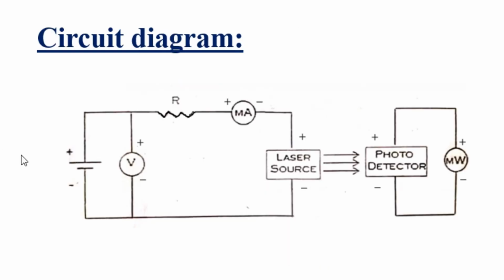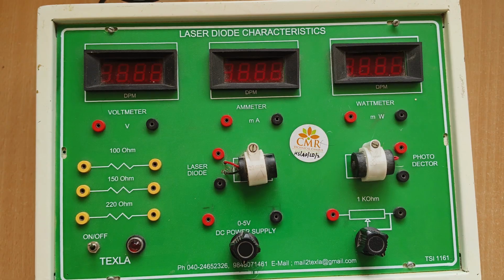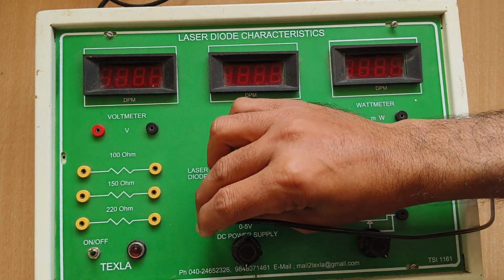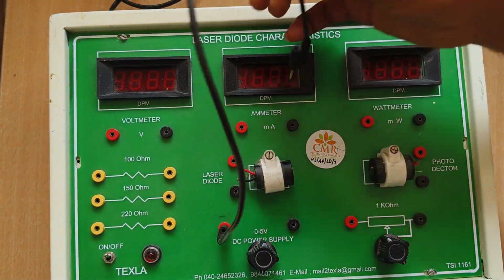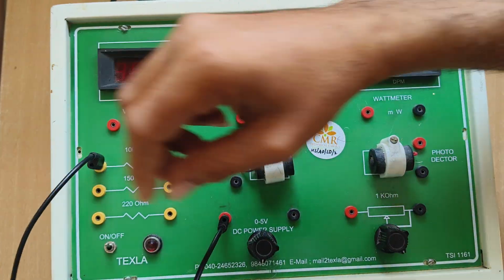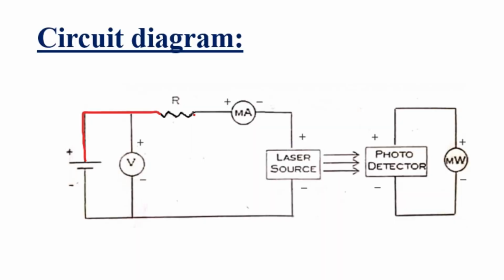Circuit diagram. First of all, connect from supply positive to the resistor. The resistor's other end is connected to the ammeter positive terminal.